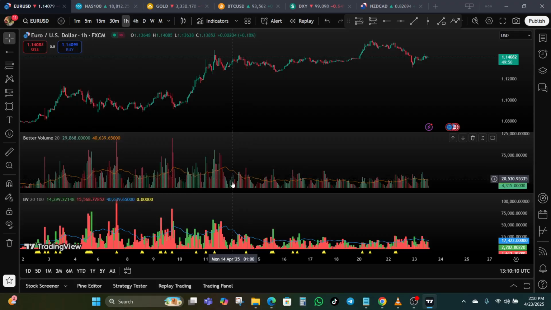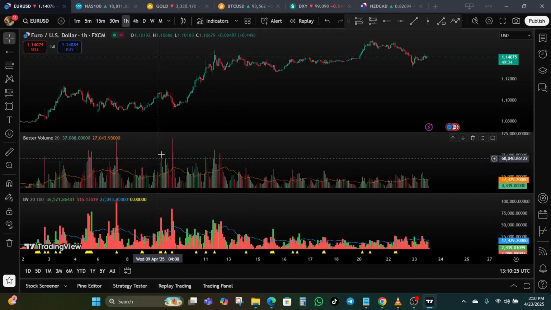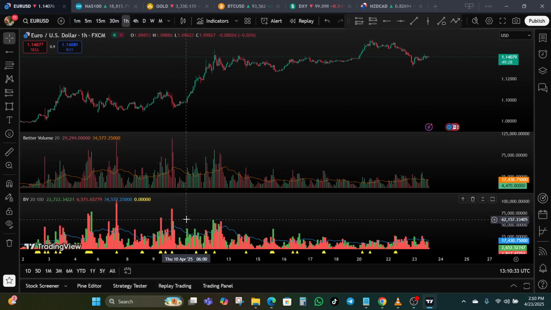When the histogram bars are below that line, it could be a phase of consolidation or a period of low volume, because low volume bars show disinterest or possible consolidation zones, while high volume bars signal extreme buying or selling. So when the volume bars cross above this line, you should pay attention.